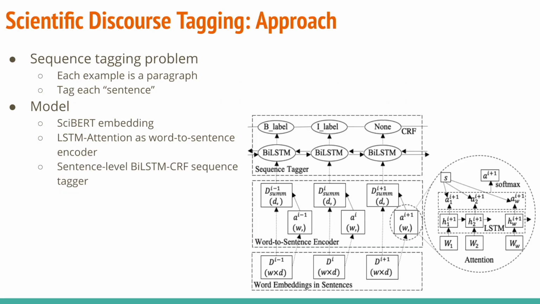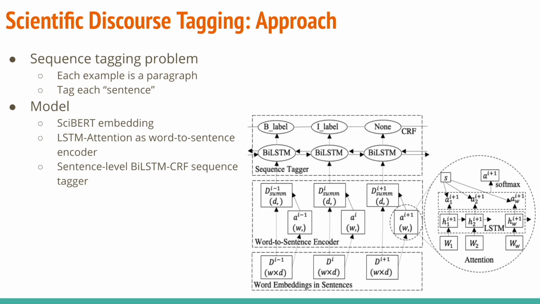In order to capture this logical flow, we formulate the scientific discourse tagging problem as a sentence-level sequence tagging problem. Here, a sentence can be either a clause or a sentence. Each example is a paragraph. We propose a novel scientific discourse tagger that leverages SciBERT embedding, which is a BERT embedding trained on a scientific corpus.